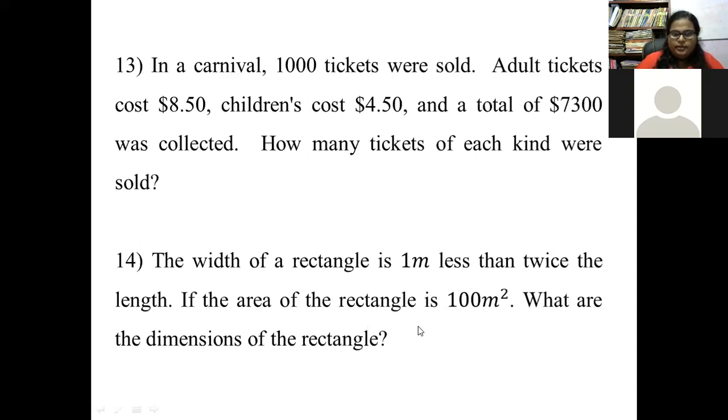Here, in a rectangle, the dimensions are given. Let me show you here. This rectangle is a right-angled shape. So the width of this rectangle is 1 meter less than twice the length.